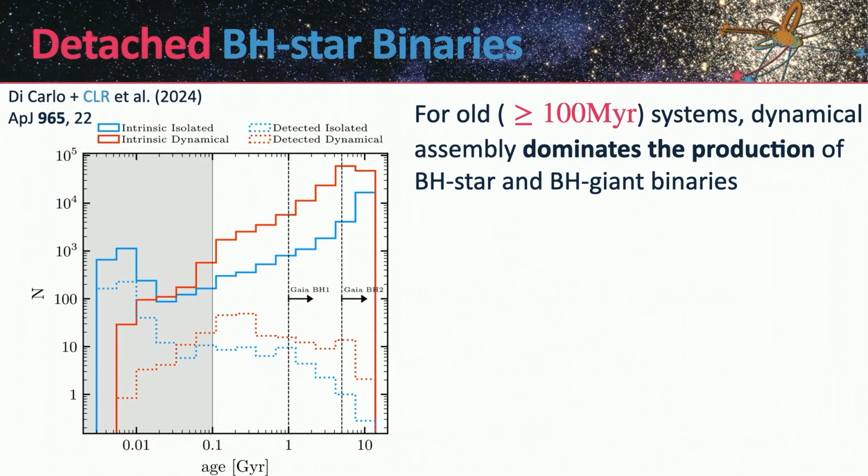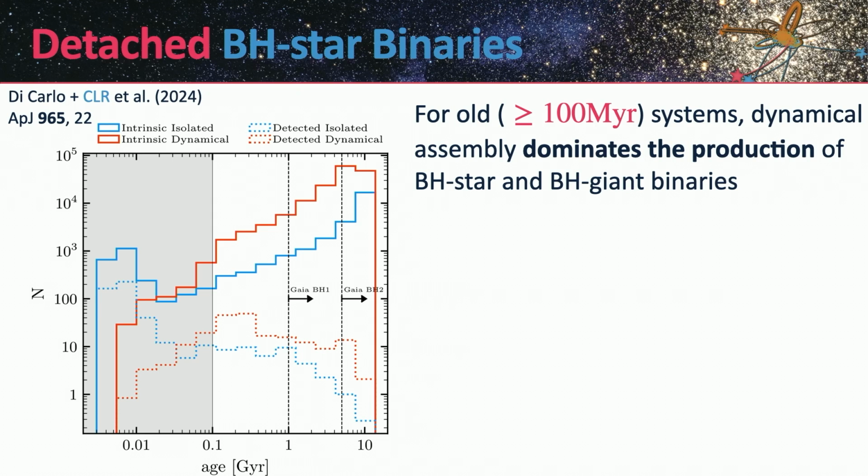And if we look a little bit more in detail at this, what it actually turns out, if I plot the intrinsic population of black hole star systems and the detected population of black hole star systems as a function of their age, this is for the entire Milky Way-like galaxy, convolved with Gaia's detectability as best as we could model it, you can clearly see that for basically everything older than 100 megayears, the dynamical population in red here dramatically dominates, right?